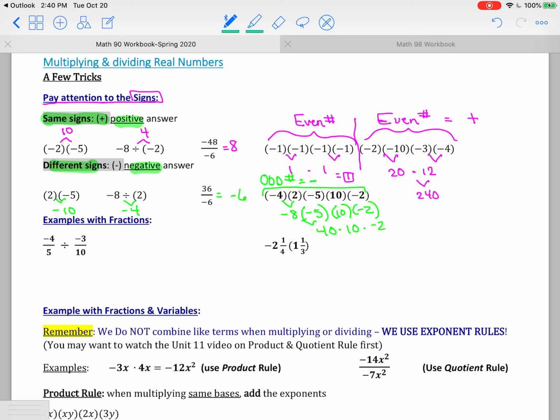So we have one negative left. So now we have a 400 basically times a negative 2. So that's going to give us a negative 800. So we knew in the beginning we were going to get a negative answer because we had an odd number of negatives. Okay, and then you just do the math for the rest.